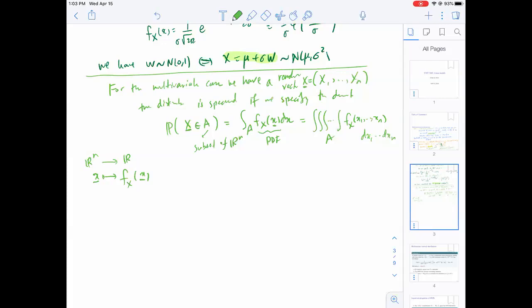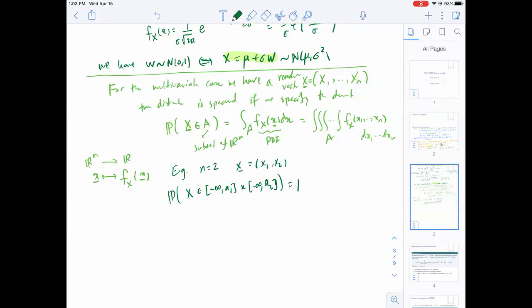Right, so for example, let's say n is equal to 2. I have a vector x, which is x1 and x2. I could take the probability that x is in negative infinity to a1 times negative infinity to a2.